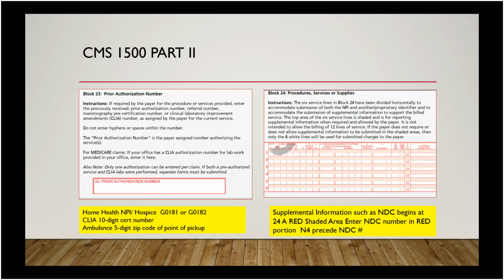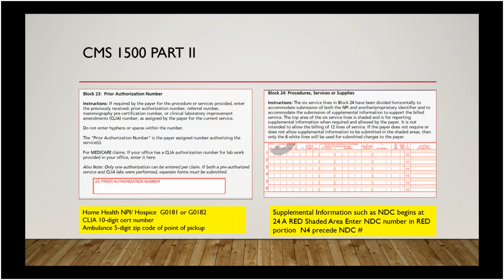Your CLIA, which is your lab, being able to perform that in-house, you're going to put that 10-digit cert number, so that will actually give prior authorization to any of the labs that you do in-house that has a QW attached. If it is an ambulance, you're going to use that 5-digit zip code. And then the CLIA is for Medicare claims.